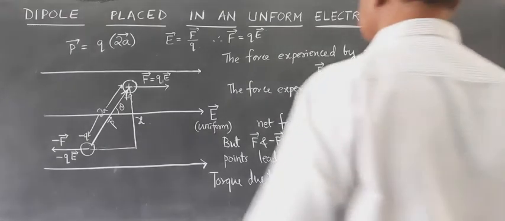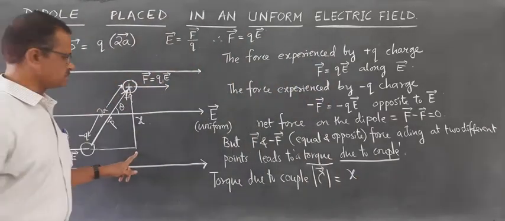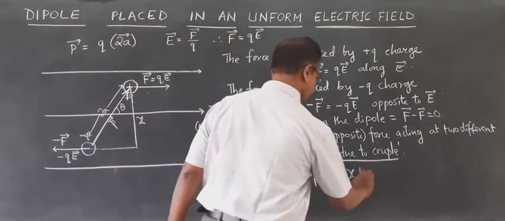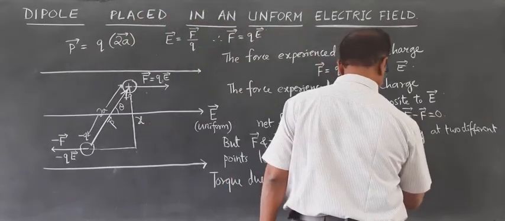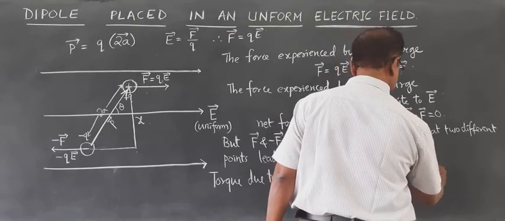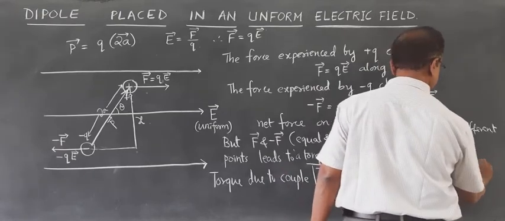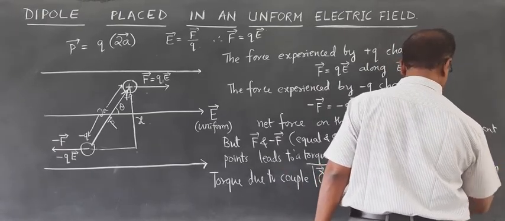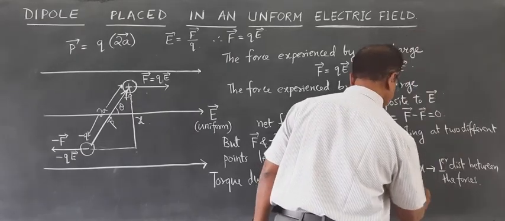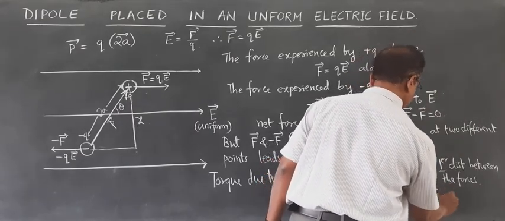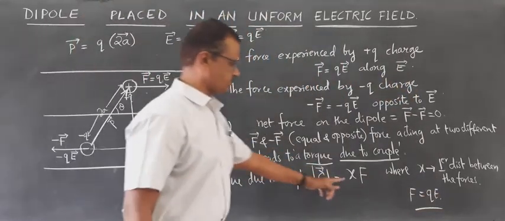So magnitude of torque is equal to perpendicular distance x multiplied by magnitude of force F, where x is the perpendicular distance between the forces, and F is the magnitude of force, which we already know, F is equal to QE. So we will calculate what x is first.